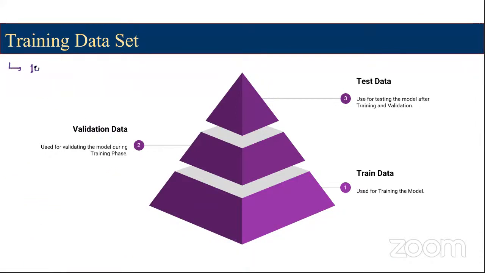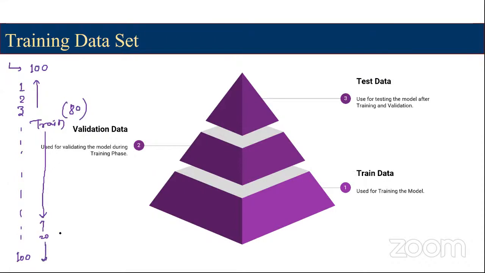so say you have 100 records in your data set, 1, 2, 3 till 100. Partitioning says that we are going to divide our data set into train and test. Now say 80% of the records, or 80 records, I have kept for training, and 20 records you can keep for test. Now what are these 20 records? Similar to the training data set.